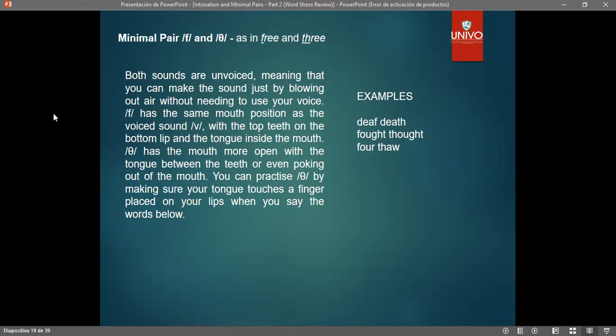It says both sounds are unvoiced, meaning that you can make the sound just blowing out air without needing to use your voice. F has the same mouth position. And then you find the symbol, right? This one that says you can practice the sound by making sure your tongue touches a finger placed on your lips when you say the words below.